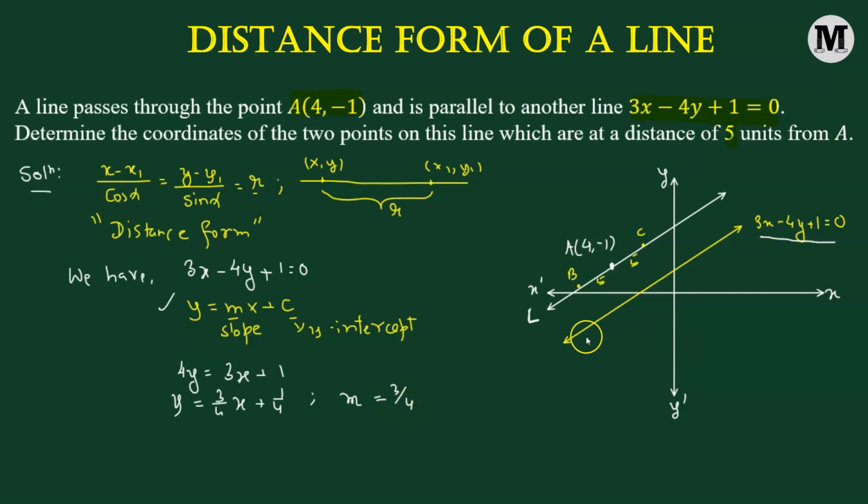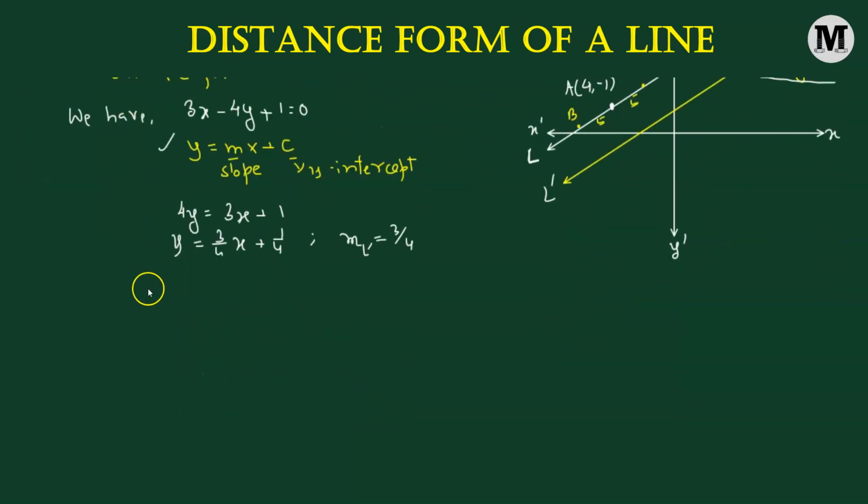M is the slope of the line L prime. But we know for a fact that the slope of the line L, m L, equals the slope of the line L prime, m L prime, and this also has the value 3 over 4, since the 2 lines L and L prime are parallel to each other.